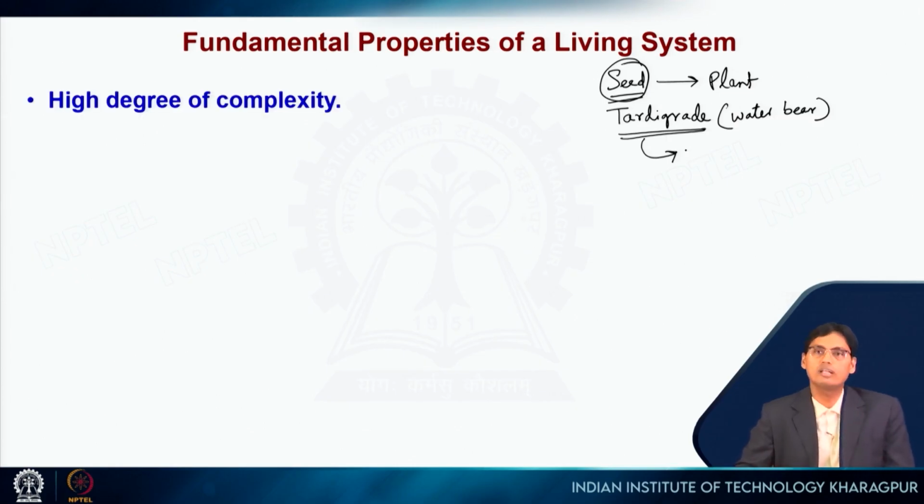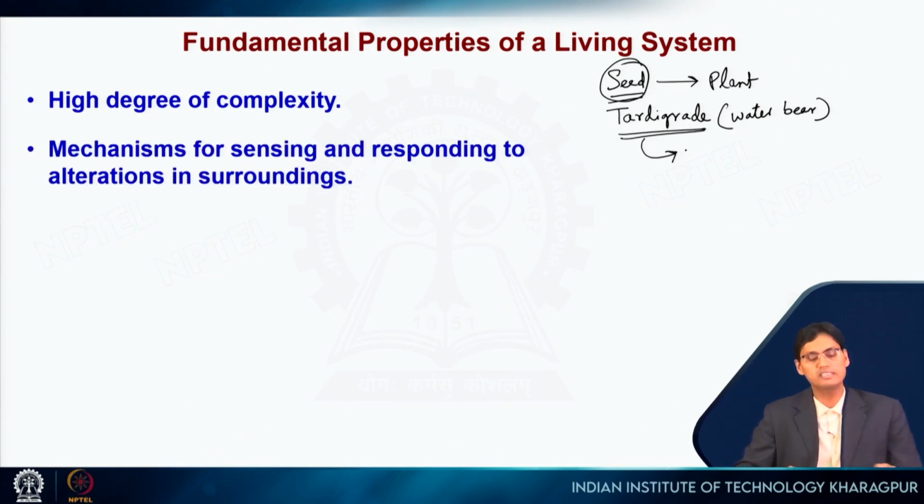First of all, it is a very complex thing. A high degree of complexity should be there in a living system. Then, mechanisms for sensing and responding to alterations in the surroundings. This is also true for all living entities.